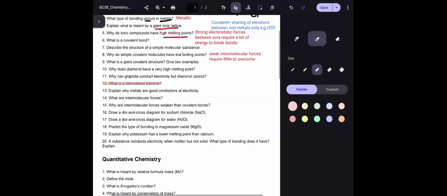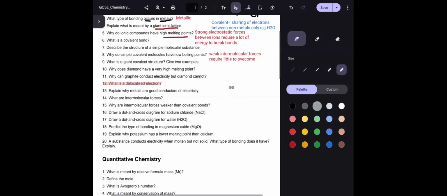I can't remember. Okay, so remember this is metallic bonding. It's between positively charged ions and delocalized electrons, right? So those electrons are free to move throughout the structure. Let me draw this for you again, like it was in that diagram. We had those little gray balls, and those were the positively charged ions, right?